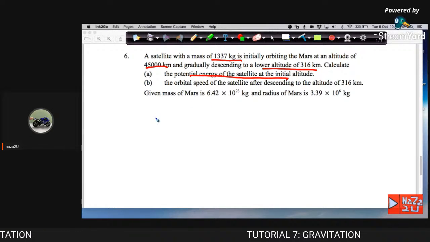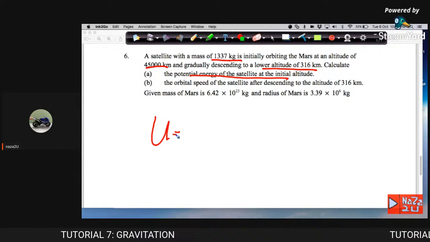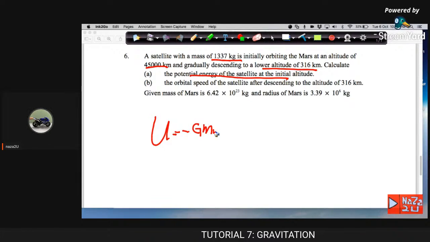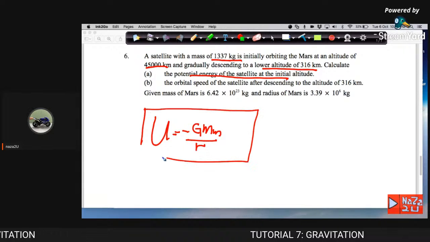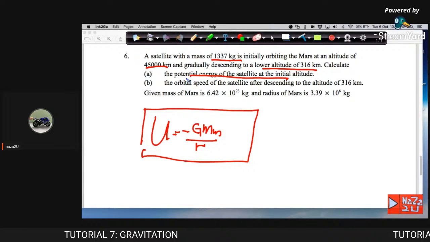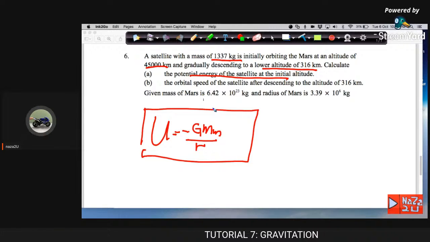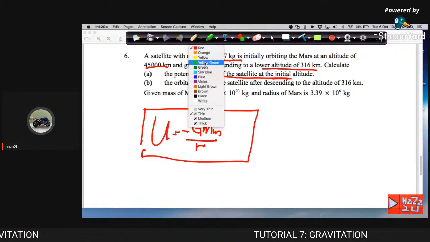Semalam pun kita ada bincang potential energy is given by the equation U equals minus GMm over R. So this is gravitational potential energy. Untuk mencari potential energy, inilah rumusnya.